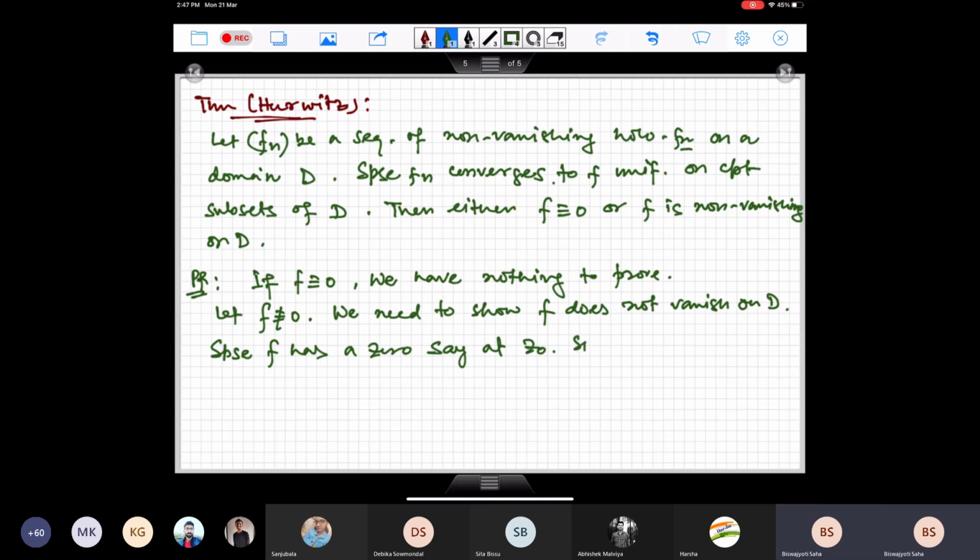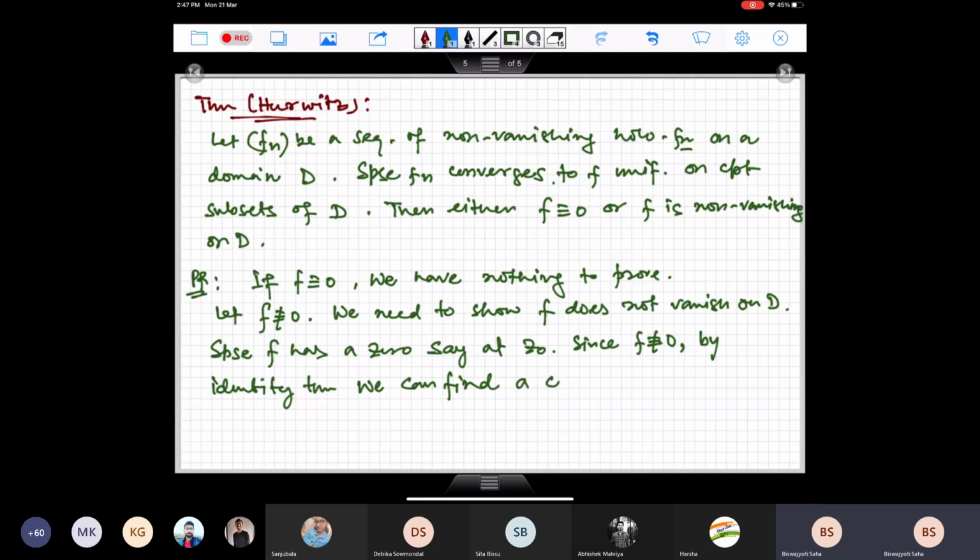Now since F is not identically 0, by the identity theorem, we can find a circle, or some closed path, a Jordan path is fine.